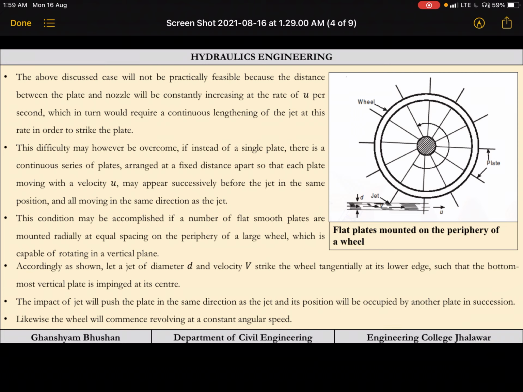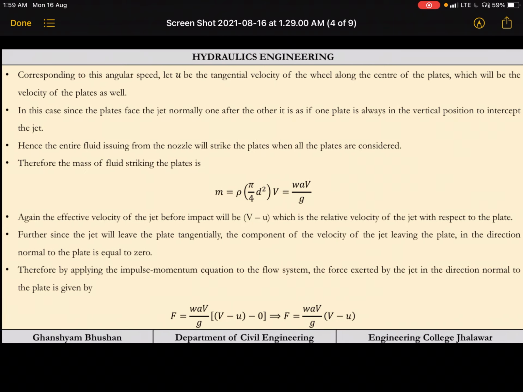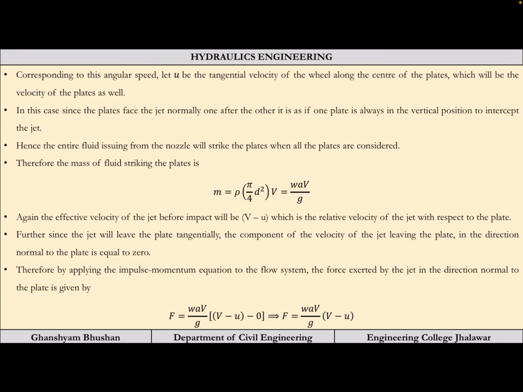Whatever I have just explained to you is written over here. Now, corresponding to this angular speed, let u be the tangential velocity of the wheel along the center of the plate, which will be the velocity of the plates as well. Since the plates face the jet normally one after another, it is as if one plate is always in the vertical position to intercept the jet.